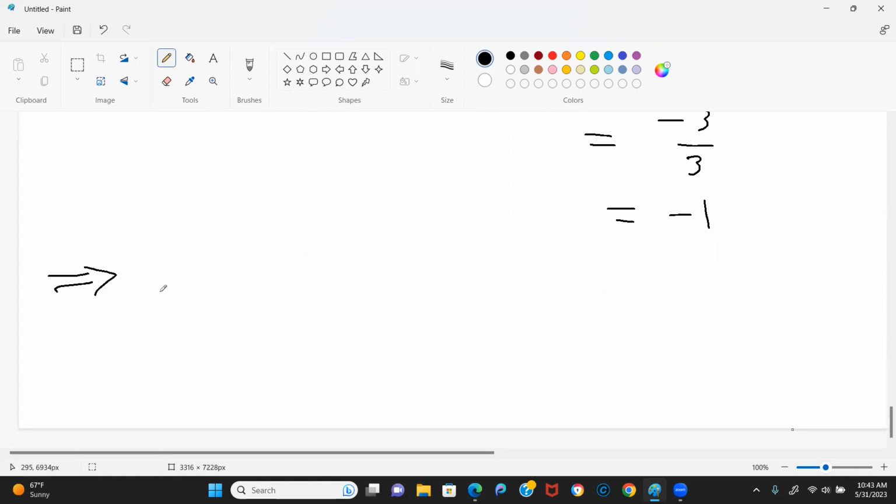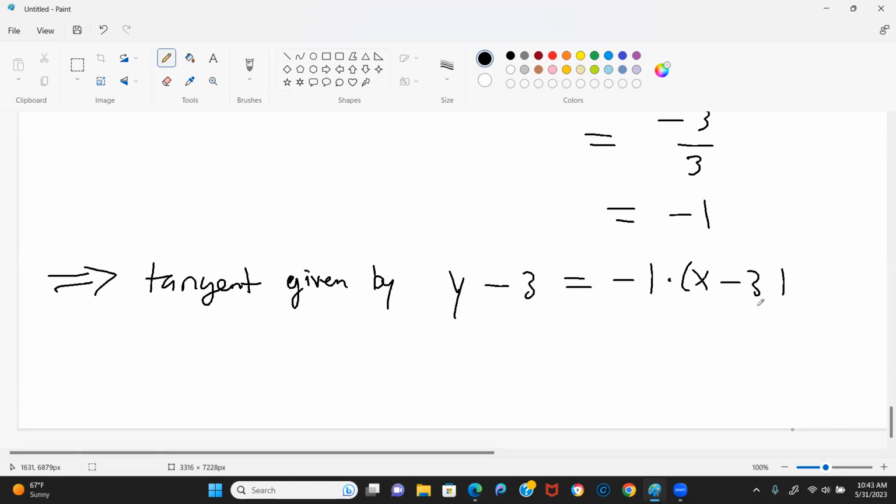So this implies that the tangent line is given by y minus 3 is equal to -1 times (x minus 3), and then you can solve for it if you want. So you get negative x, plus 3, plus another 3, is equal to 6. So y is equal to negative x plus 6.